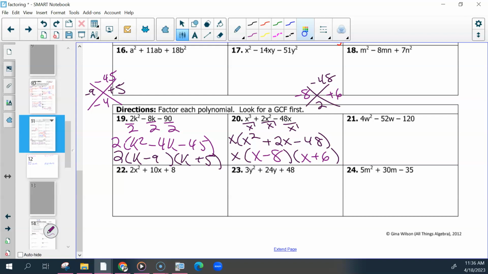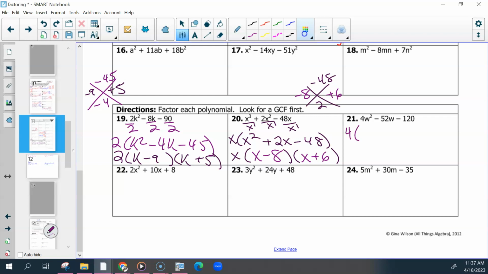Right, and then 21. What do those have in common? Remember, we're trying to get it back to A equals 1. Go ahead, Cameron. 4.